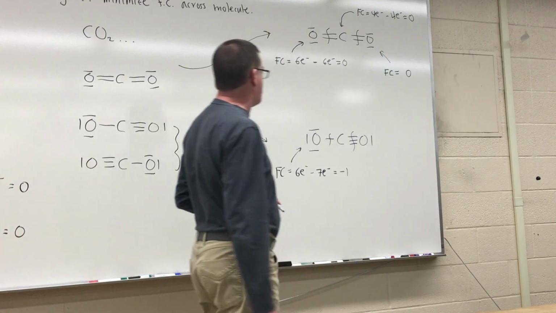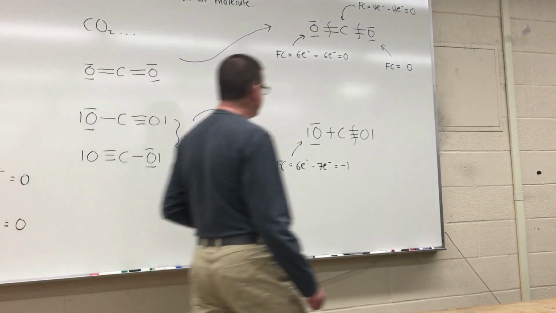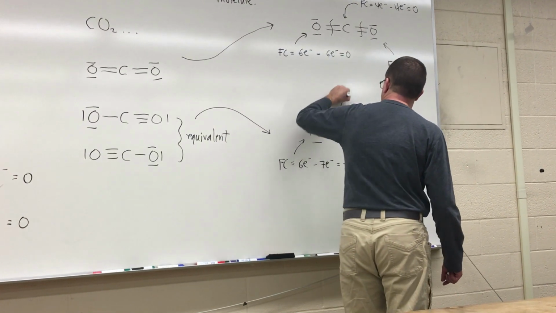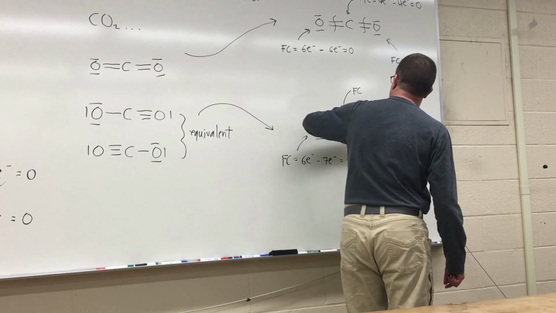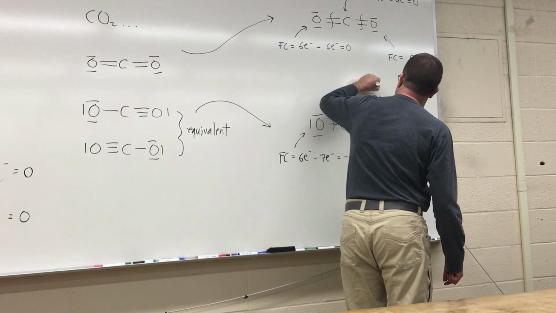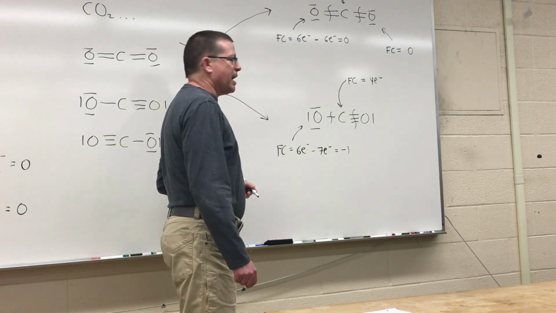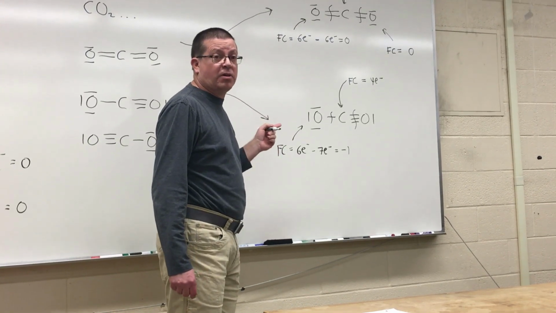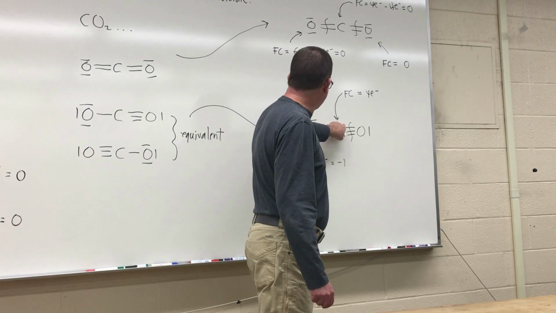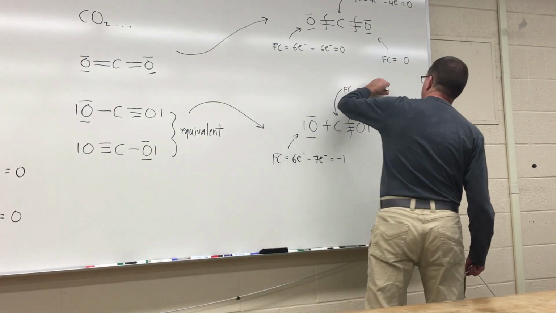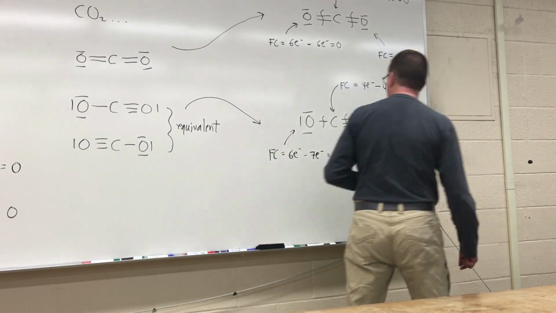So I'm going to get a negative 1 formal charge on that oxygen on the left. Let's get our carbon. My formal charge on the carbon is going to be 4 electrons that each carbon should have coming in, group 4A. Now, let's count the electrons the carbon can lay claim to: 1, 2, 3, 4. So 4 minus 4 is going to give me a formal charge of 0.